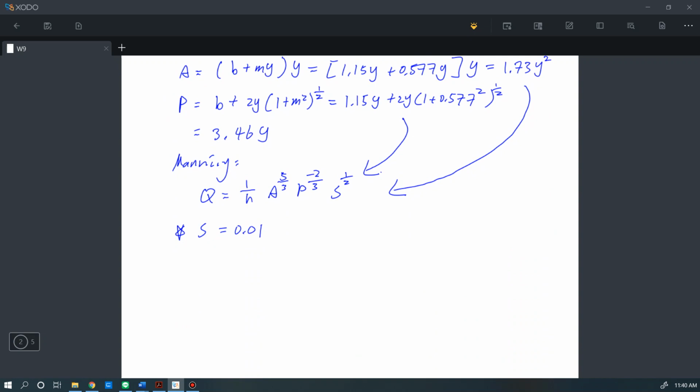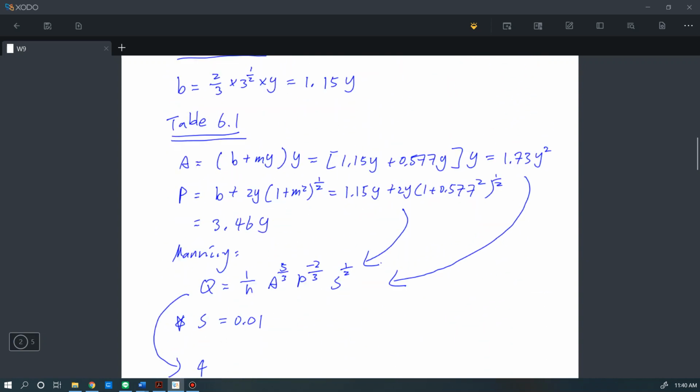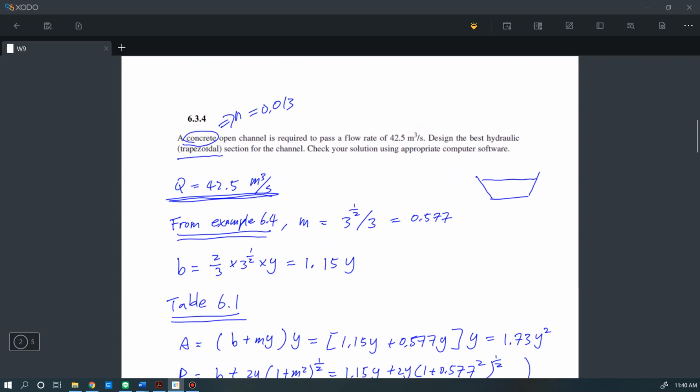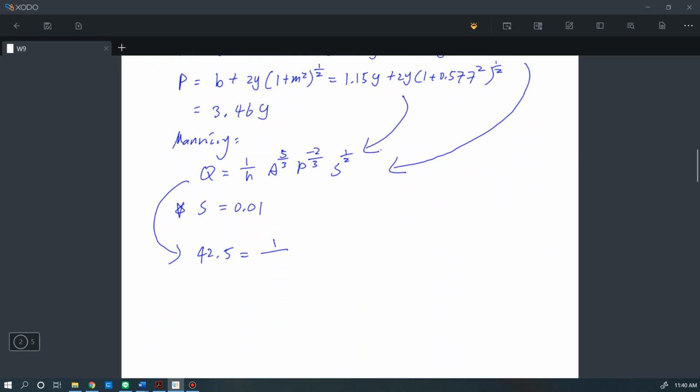So let me rewrite this equation with all that information plugged in. So the Q is 42.5. And the n value, because it's a concrete channel, is equal to 0.013.